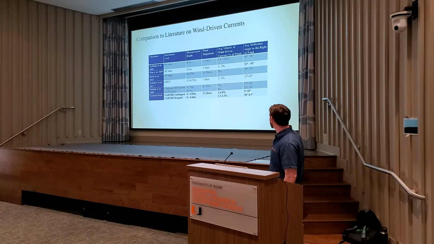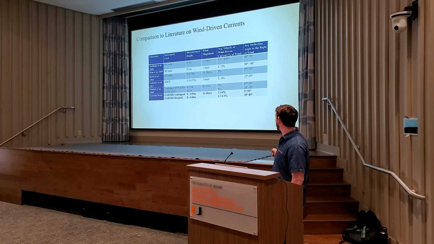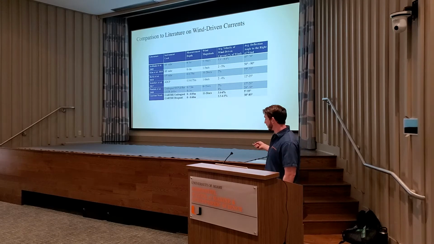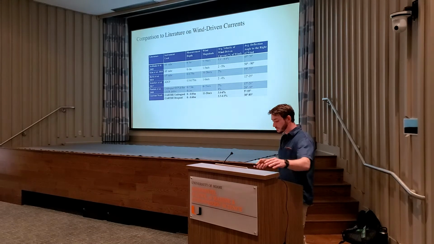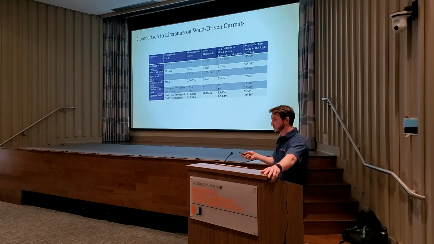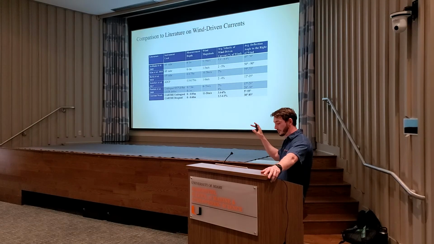You can see that our deflection angles are within the realm of possibilities, and our 0 to 5 centimeter layer is the highest on this chart. Which makes sense because we're capturing the thinnest layer, so there should be the most vertical shear represented there and it should be accelerated the fastest.